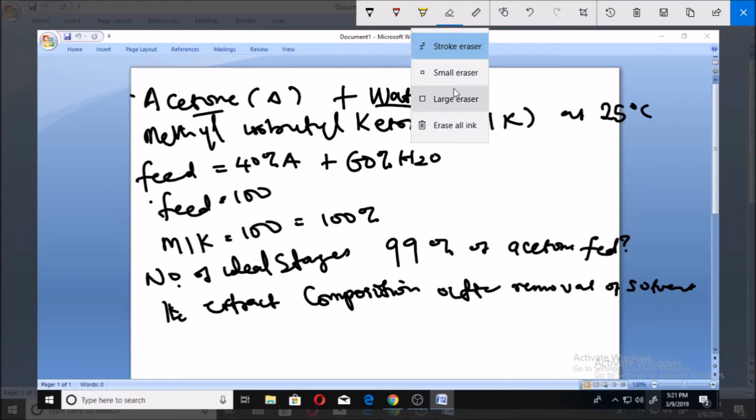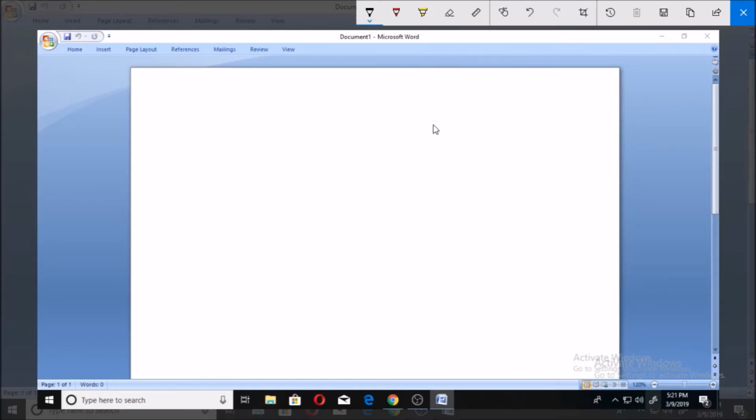I'm going to delete this so that I can start afresh. Let's start with the solution. Number one thing that we'll do here is to use data in the ternary diagram to prepare a plot of the equilibrium relationship, which you are supposed to be given.